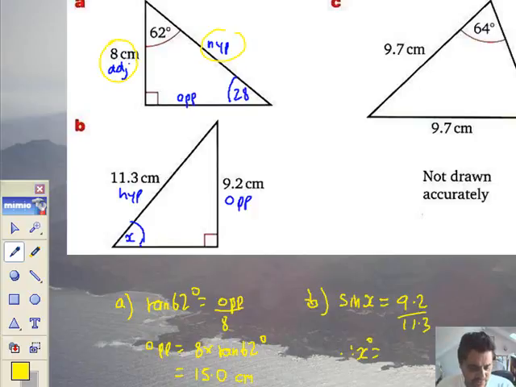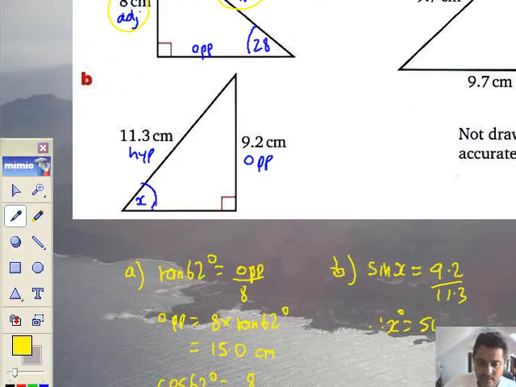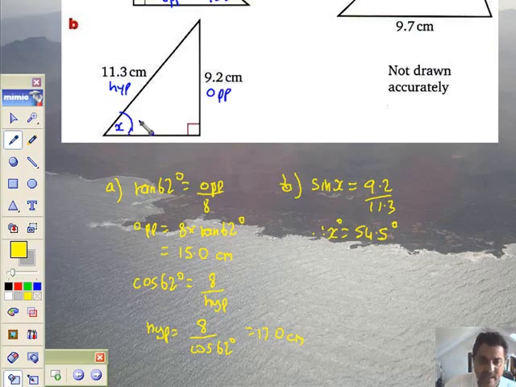Remember, 9.2 divided by 11.3, if I press equals, gives me the actual sine of the angle. I don't want the sine of the angle, I want the angle. So now I'm going to go shift sine, okay, and that will give me the angle. Press equals, 54.5 degrees. That's all I have to do. 54.5 degrees is the angle X right there.